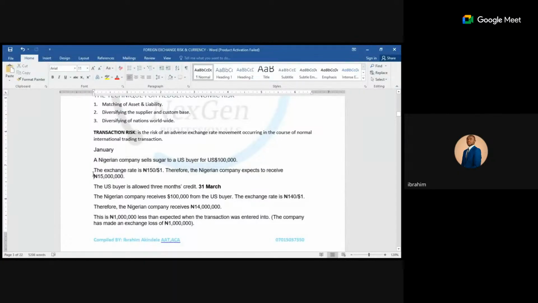The exchange rate is this, but it is a Nigerian company. Class, is this a direct or indirect quote? Indirect quote. Thank you. Therefore, the Nigerian company expects to receive 15,000, because 150 times 100 we have 50 million.